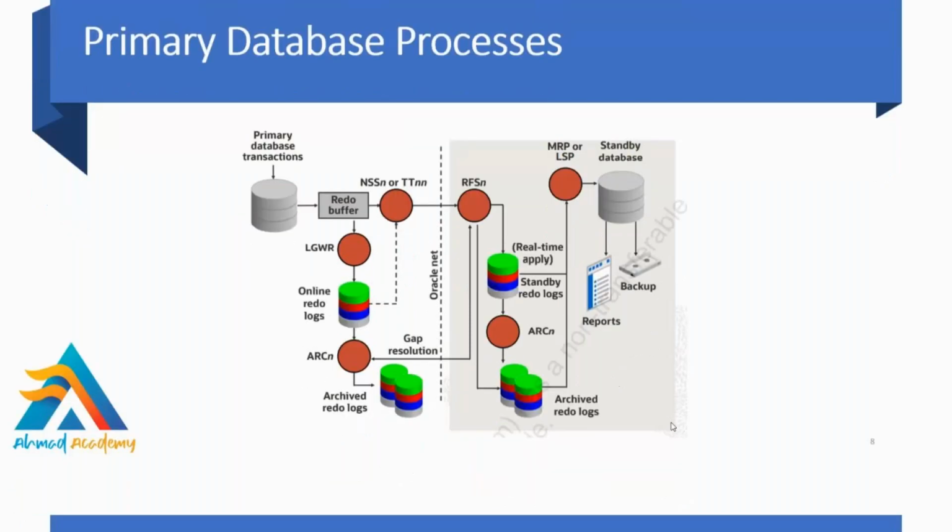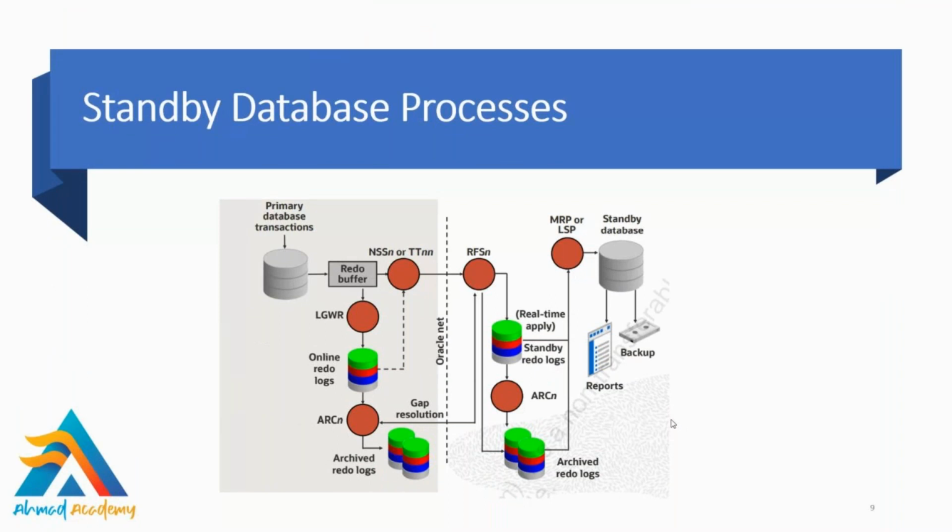And standby database processes, I just spoke about RFS. RFS is the process which receives the redo data from the primary database and writes the redo into a standby redo log or directly to archive redo log files.